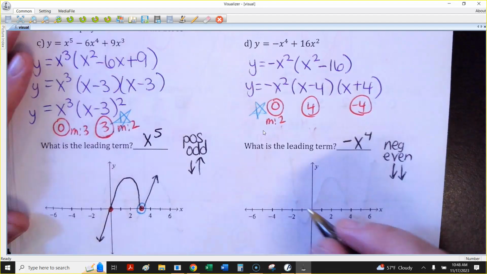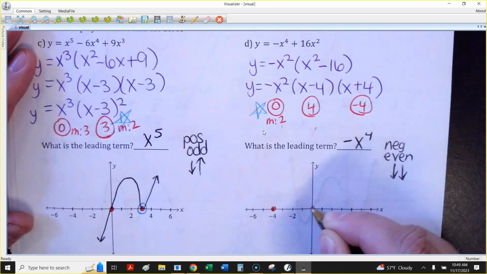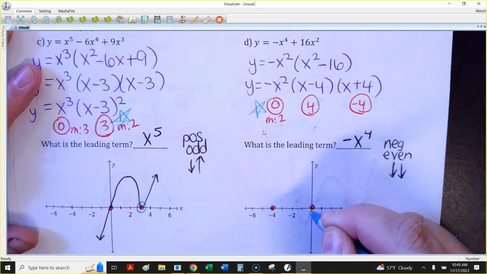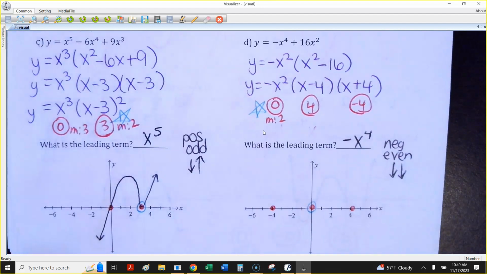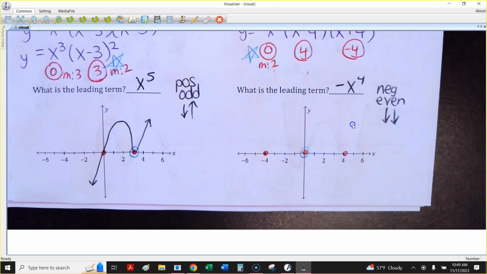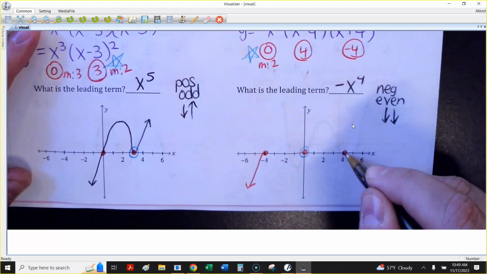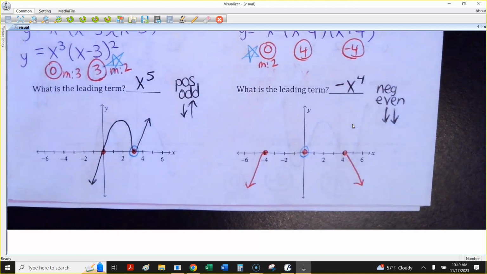So let's do -4, 0, 4. And if I have an even multiplicity, which I do on the 0, I just circle it so I don't forget that I've got to bounce back off the x-axis, not go through the x-axis. Now my end behavior here should go down on both ends to negative infinity.